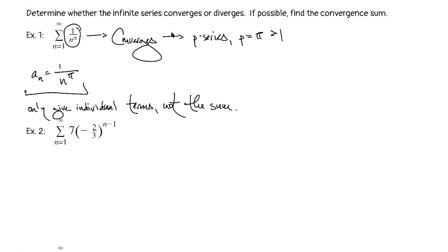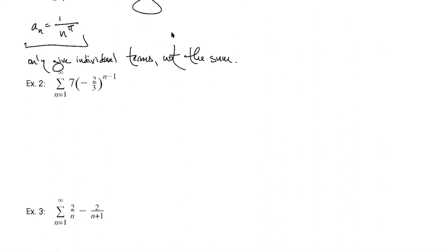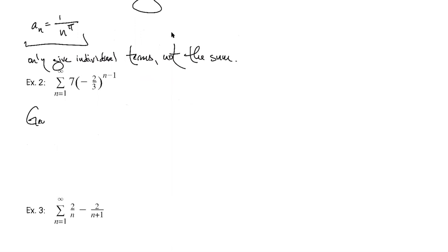All right. What about example number 2? What do we think? Converging, diverging, and how do we know? It converges because it's a geometric series and r is less than 1. All right, so geometric series, I buy that because we've got sort of this 7 something to a power.